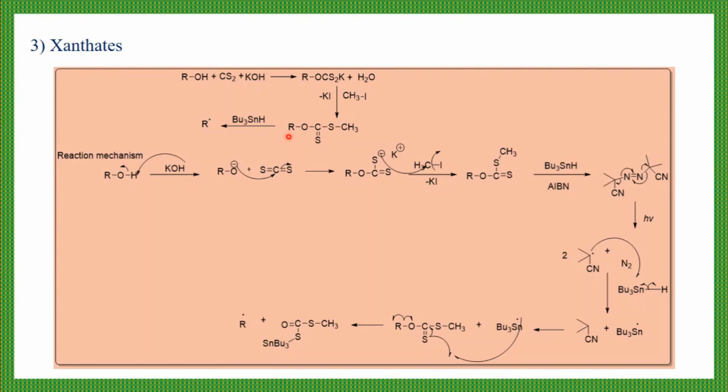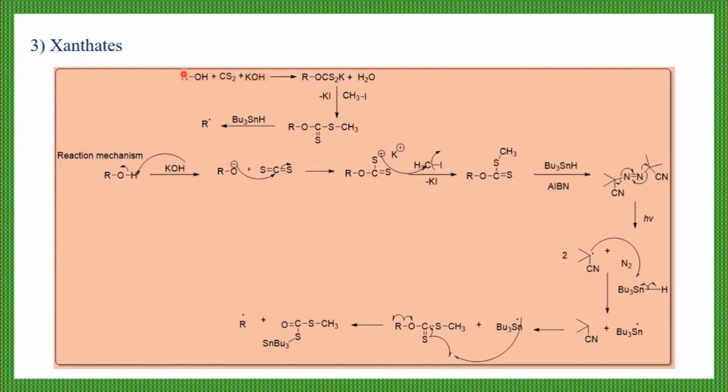Then this xanthate undergoes reaction with tributyltin hydride, and you will get these R radicals. This is the application. Normally we can't generate this R radical when you directly irradiate alcohol in the presence of light.